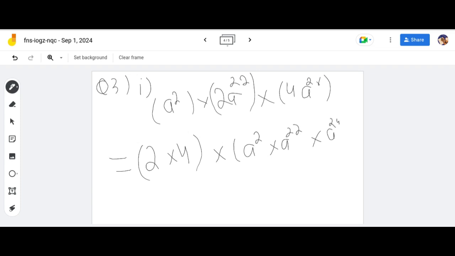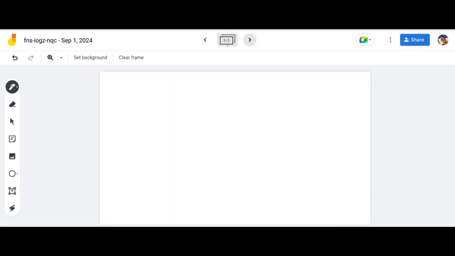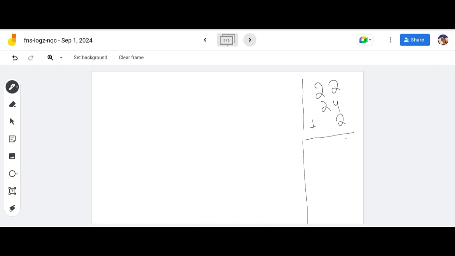Now 2 into 4. It's 8. Very good. 8 into the a square. You just have to add all of them, like 22, you can do the rough work. Always remember that you have to do the addition. 22, 26 and 2. 48? 4, 5, 6, 7, 8. It says 48.